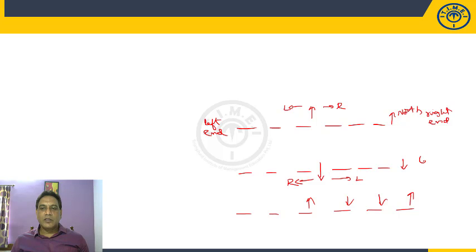So now, this becomes the left hand and this becomes the right hand. So here, when they are all facing north, the left side of the page is the left hand and the right side of the page is the right hand. When they are all facing south, this is left hand, this is right hand.